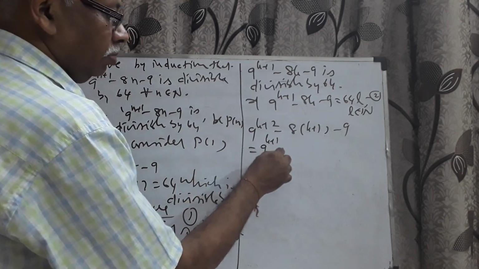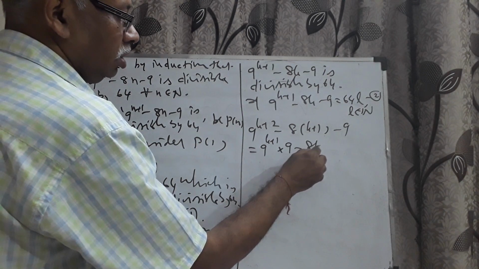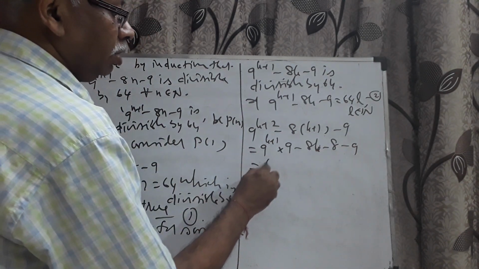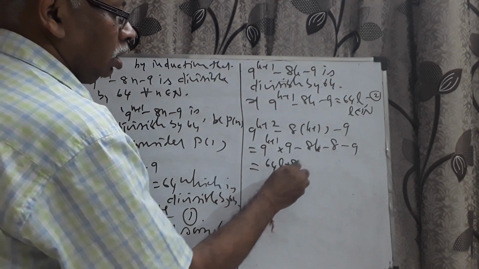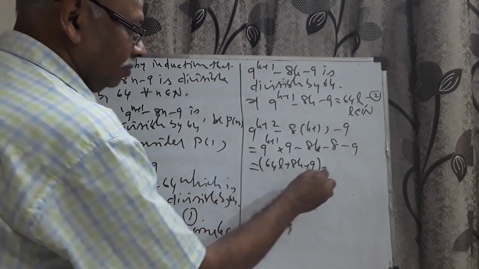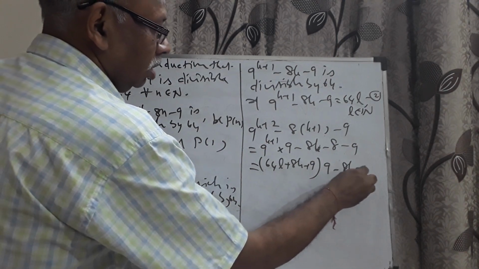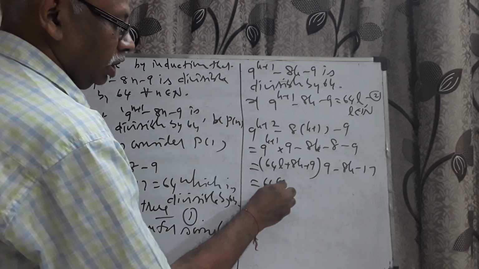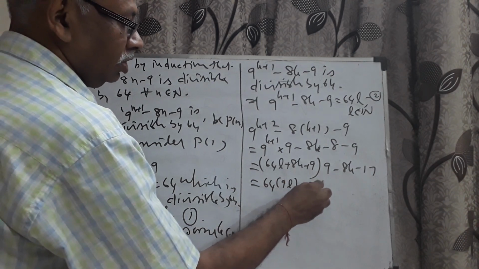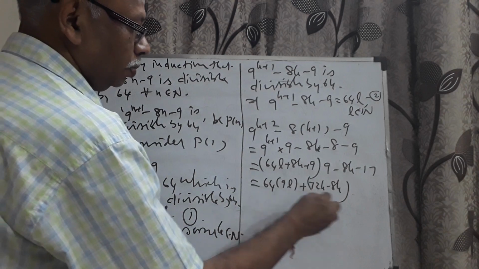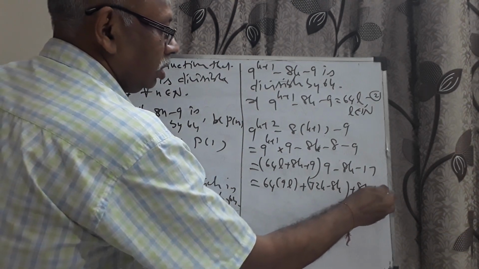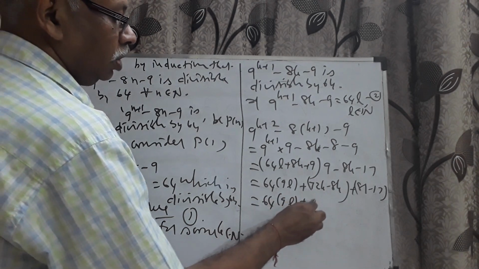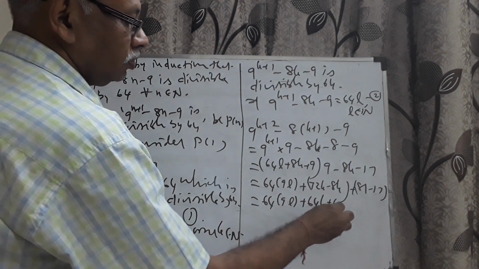Can be written as 9 power k plus 1 into 9 minus 8k minus 8 minus 9, which is equal to, this can be replaced by 64L plus 8k plus 9 times 9 minus 8k minus 17, which is equal to 64 into 9L plus 72k minus 8k, I can group, plus 81 minus 17. This will be 64 into 9L plus 64k plus 64.